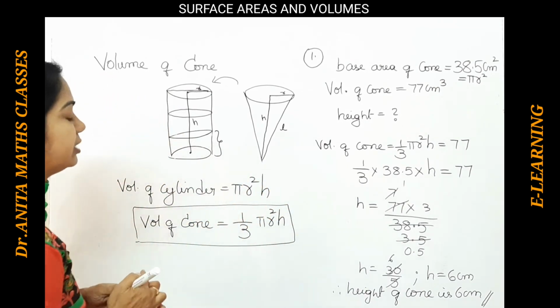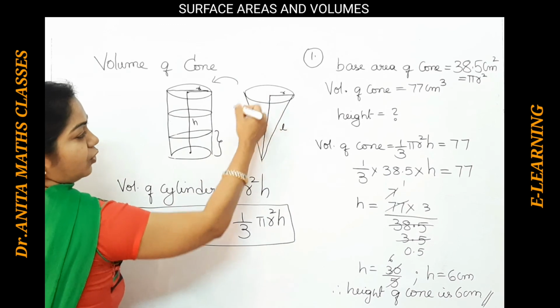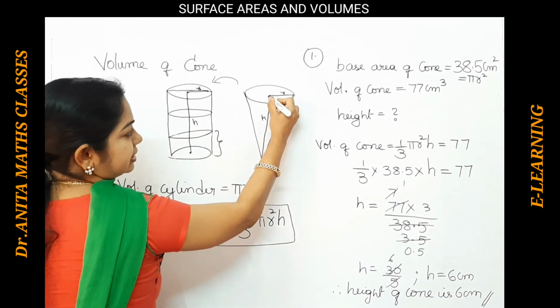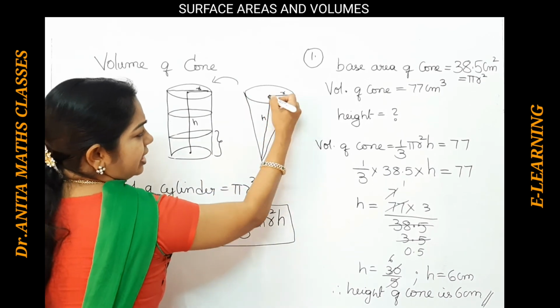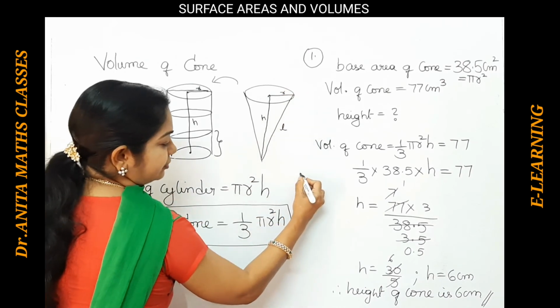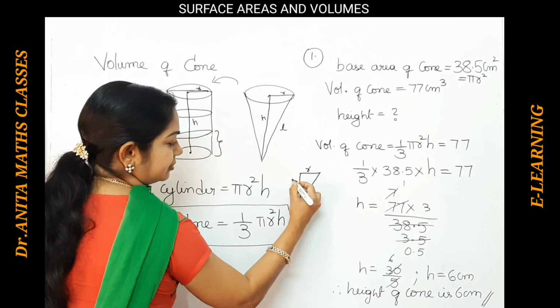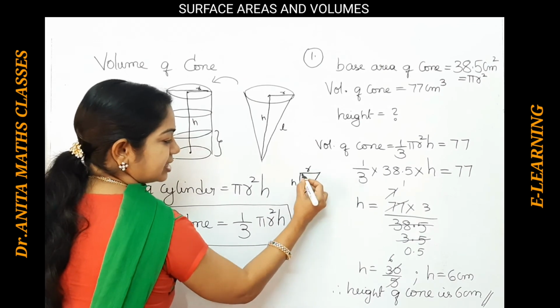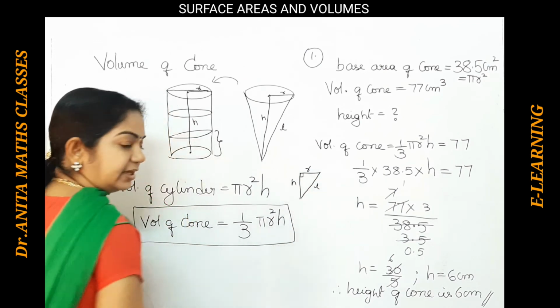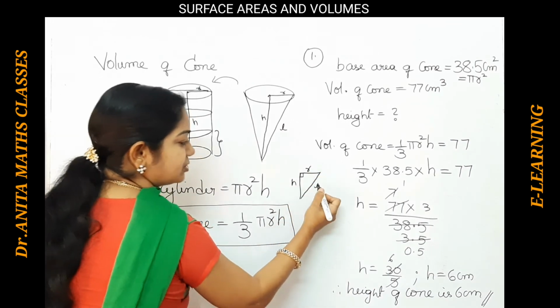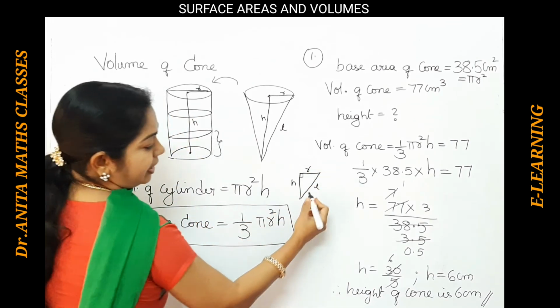Here one more thing I want to stress. We have known the volume of the cone. Now if you see here, this forms h, r and l. If you take this h, r and l, this forms a right angle triangle, right? Now, if you know two quantities, you can find the other quantity using the Pythagoras theorem.